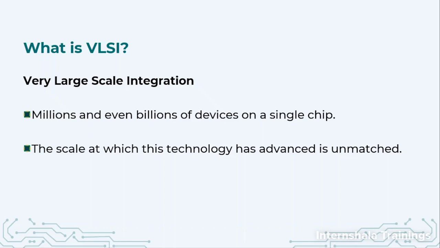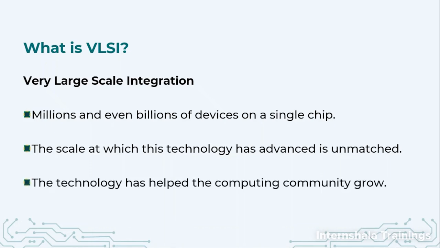This is the level of advancement we are talking about. We are not having that in any other field, like cars are not running 1,000 times faster now, or engines are not giving 1,000 times better fuel efficiency. And that is the reason that the computing community has grown at such a high pace over these decades.